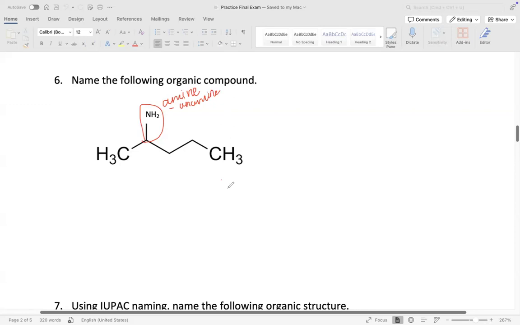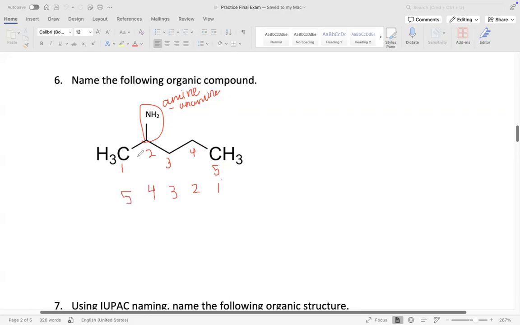My next step is to figure out how many carbons there are in the main chain. So 1, 2, 3, 4, 5. Again, we can number left to right like I just did, or right to left. We want to make that functional group, which is what I have circled, the star of the show.